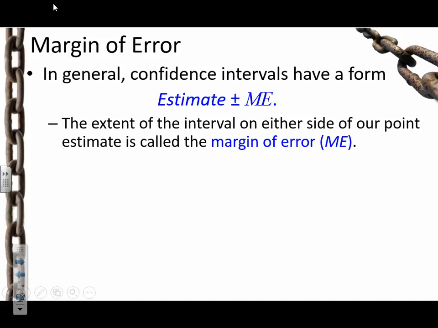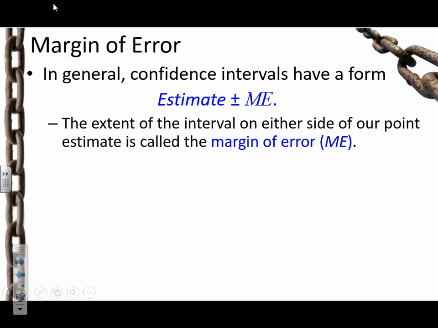Okay? So we talked about that formula yesterday. The point estimate, that's your x bar or your p hat, your sample statistic. That's the center of your interval, and then you're going to add and subtract your margin of error. That's going to tell you how far to reach above and how far to reach below from that particular point.